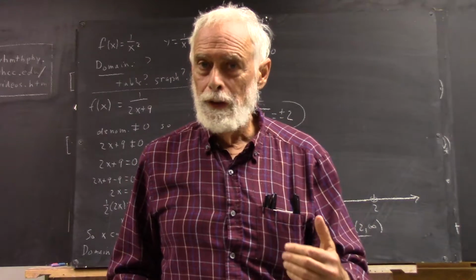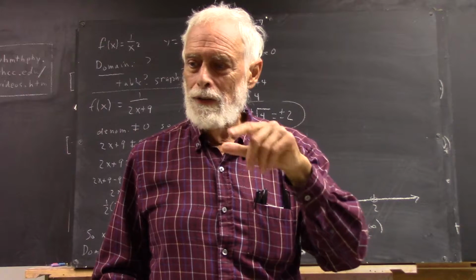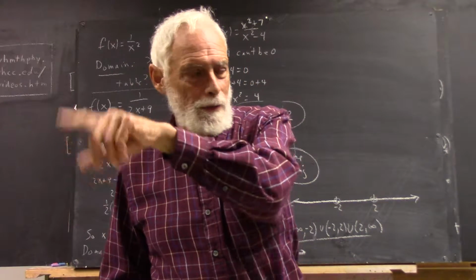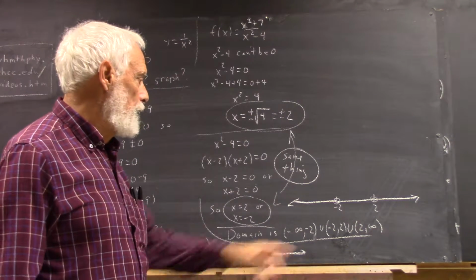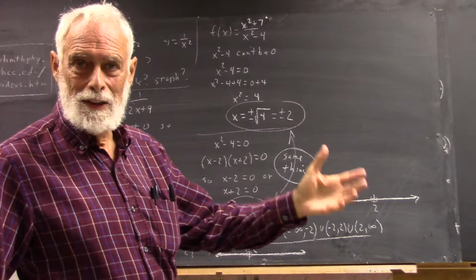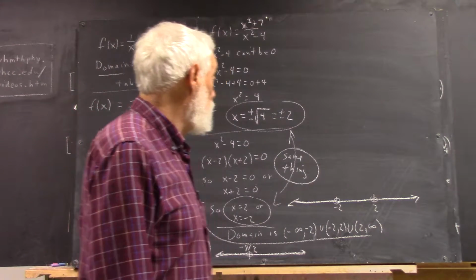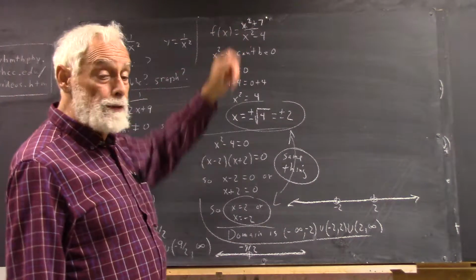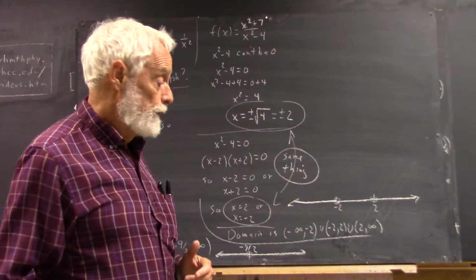It includes 0, so it would be the interval bracket 0, comma, infinity. Of course, you always have an open interval or a parenthesis on the infinity because it's not a number. You never can get there. So x squared can take any value from 0 to infinity.